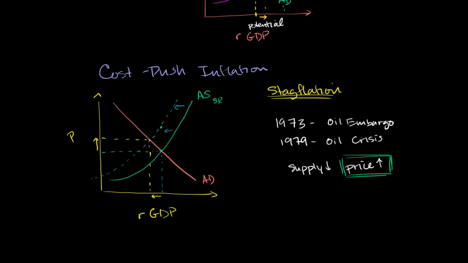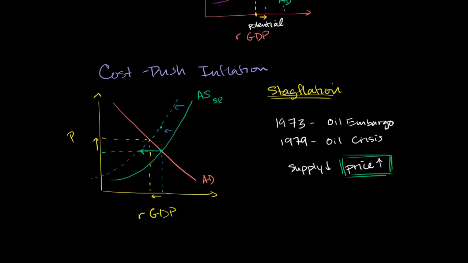So let's say at this price right over here, a supplier would want to produce less because they're not getting as much real profit. And so you could view it as a shift to the left, or you could say at a given level of productivity, if you want me to produce at that level, you're going to have to pay me more to offset my price increases. So you could also view it as a shift up. Either one, but we'll think of it as a shift left in this context.